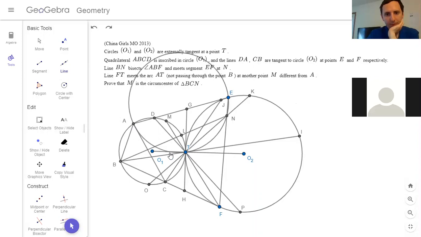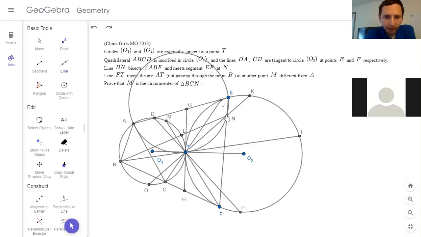So let's see, we want to show ATEN is cyclic. Angle AEN is an angle between a tangent, so maybe that's easier to calculate. But we'd have to show that's 180 minus ATN, which looks a little bit tricky. But ATN, maybe we could break it up into ATG plus GTN.